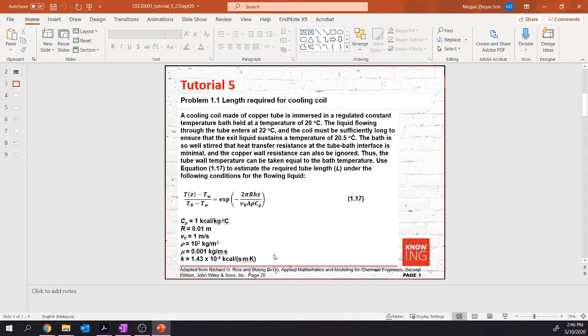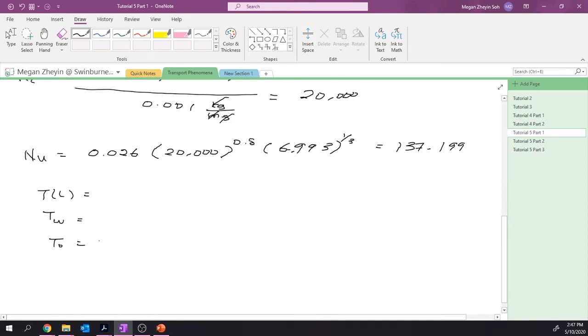The exit liquid should have this temperature, so this is TL, and the T wall is 20 degrees Celsius. And T0, which is the temperature when it enters, is 22 degrees Celsius. So enters is T0, right? T0 is 22 degrees Celsius, T wall is 20 degrees Celsius, and TL is 20.5 degrees Celsius.